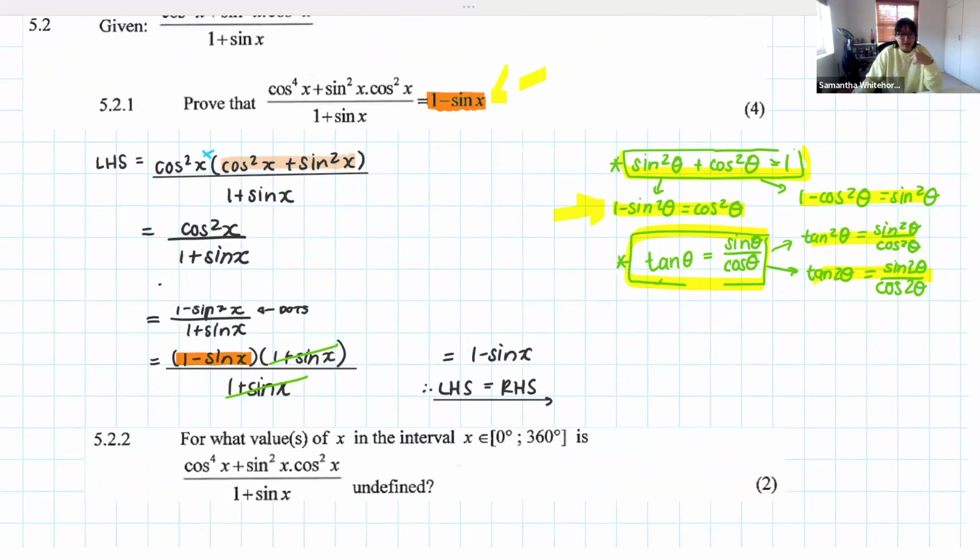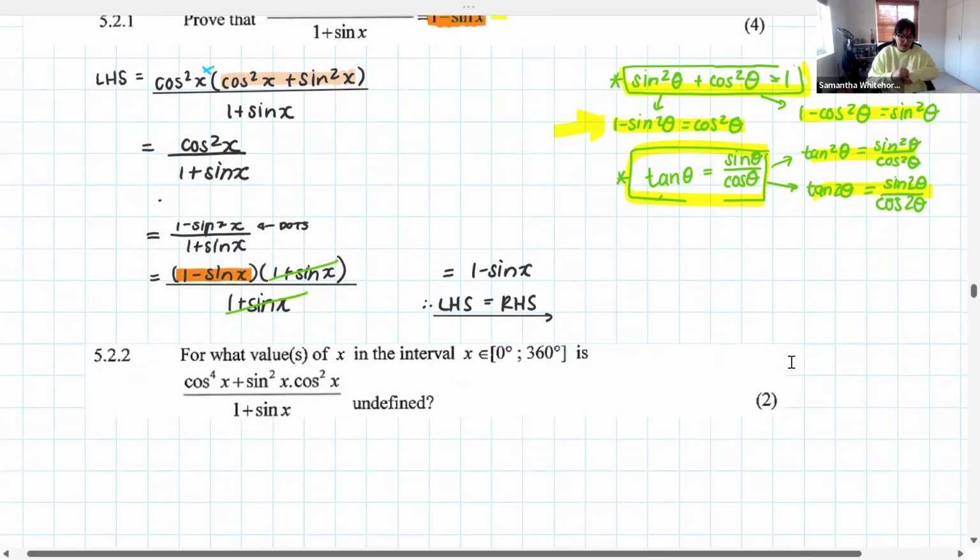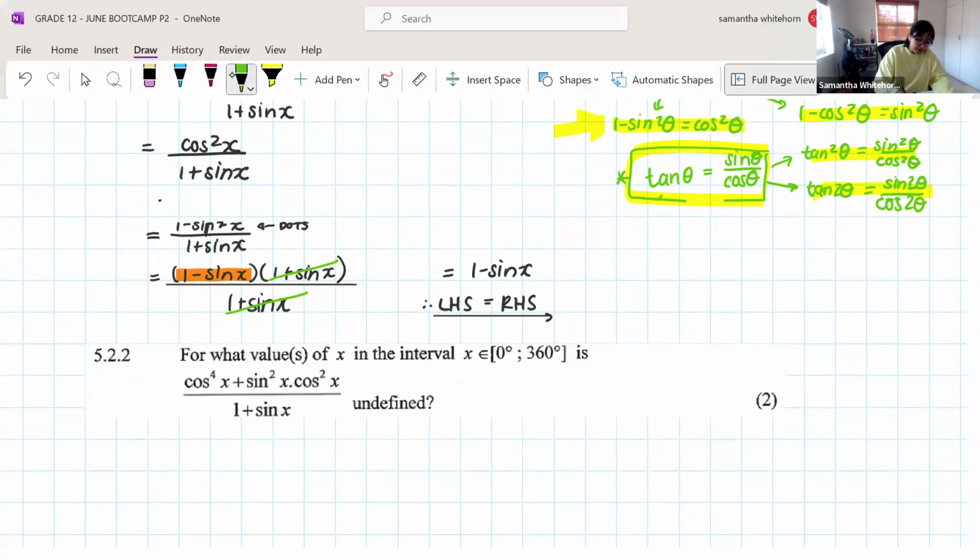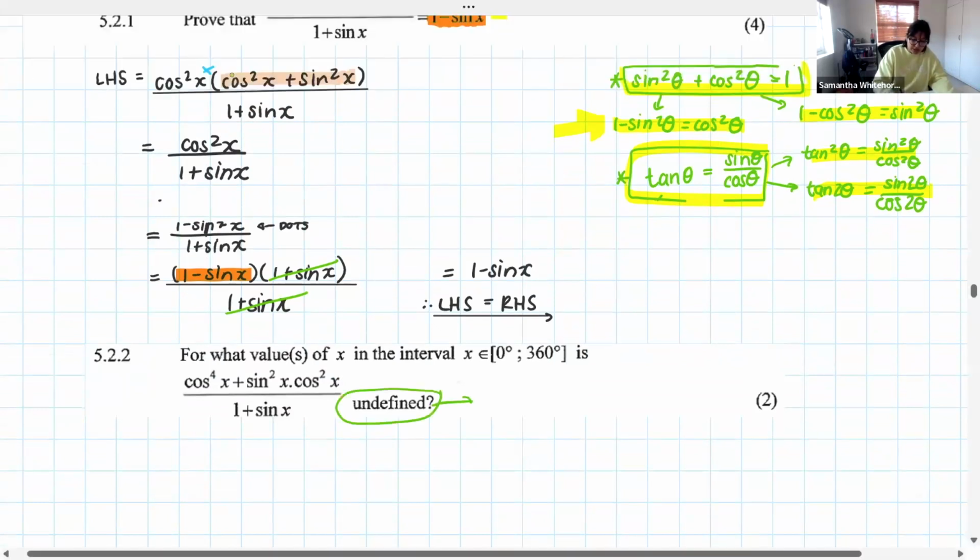Or like in this next question, asking you for what values of x in the interval x element 0 to 360 is that whole beautiful fraction undefined. So this is one of the ways we extend the identity question, asking you where is it undefined. So my first question, guys, is what does it mean for a fraction to be undefined? So what does this actually mean?